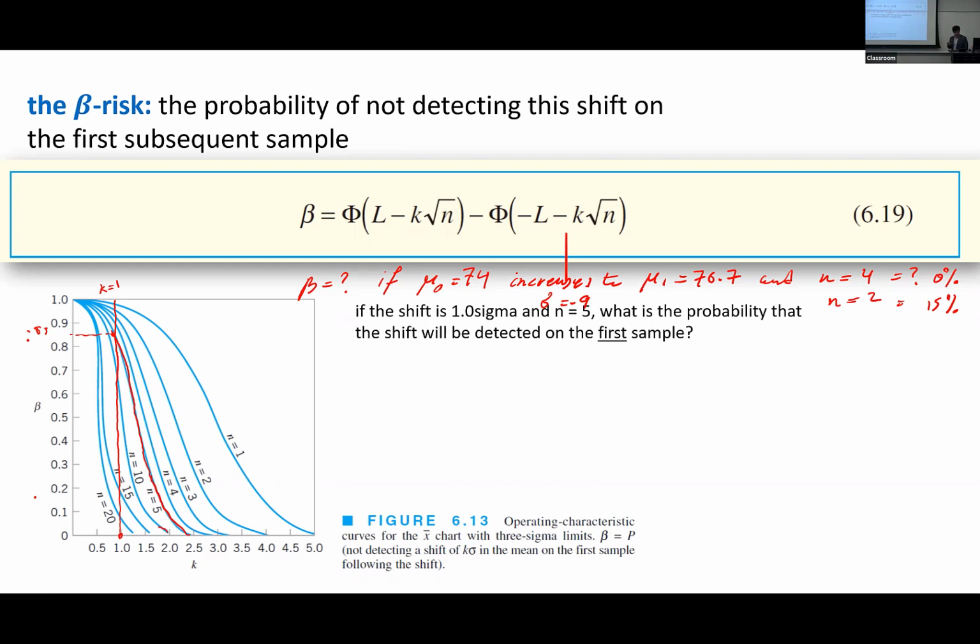So beta is 85%. So with a sample size of 5, 1 sigma shift, which is a very small shift, small change, you're very likely to not be able to detect it. So beta is 85.